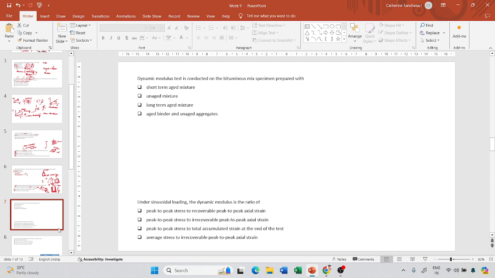A few minutes back we were discussing how the sample should be prepared for a dynamic modulus test, and I told you that it has to be compacted using a gyratory compactor, but before you do that you have to short term age the loose mixture, and then you have to compact the short term aged sample. So the dynamic modulus test has to be conducted on a short term aged specimen.